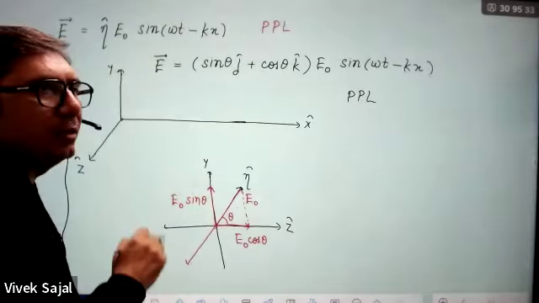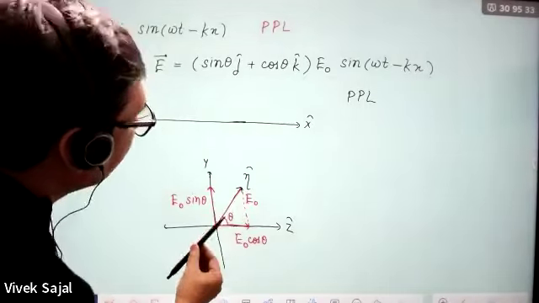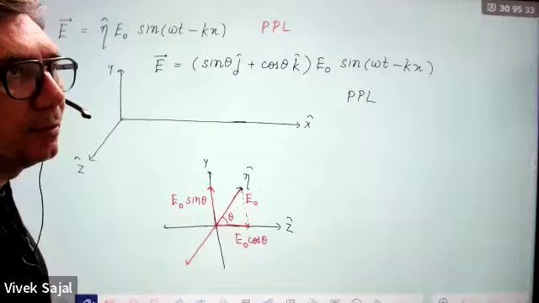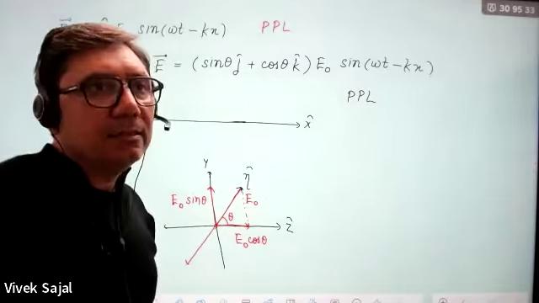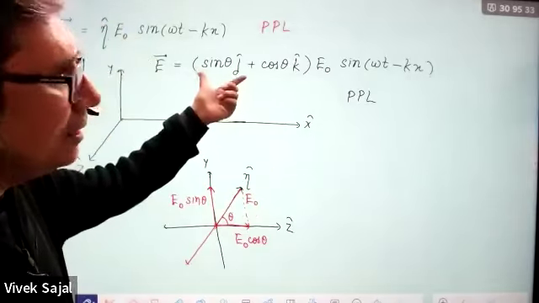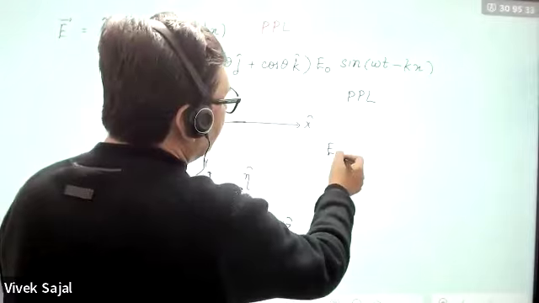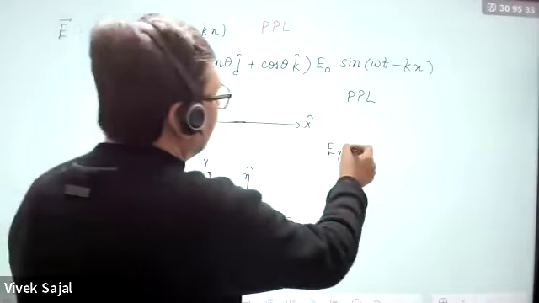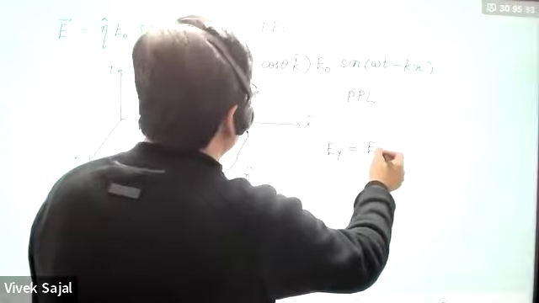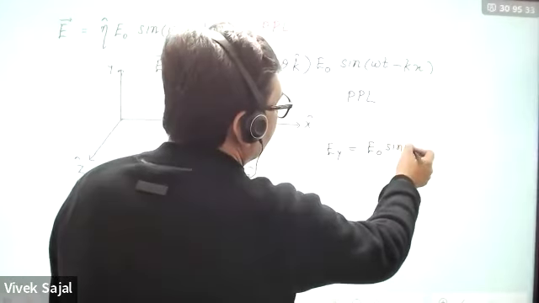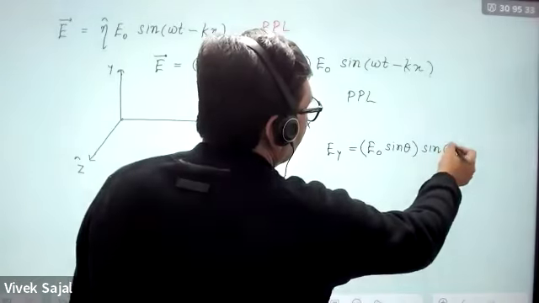Try to understand, this is a plane polarized light, because if you look at all the electric vectors, they will be in this plane. If this form of electric field is given, how do you know that this is a plane polarized light? Simple, mathematically I can tell you its y component, try to understand, its y component is E naught sine theta times sine of omega t minus kz.